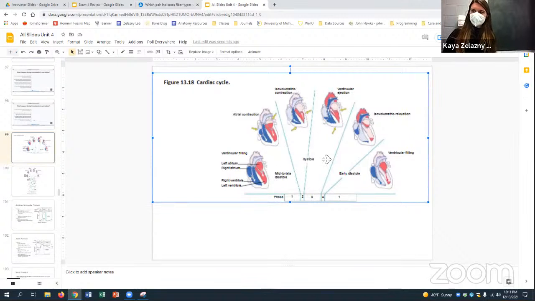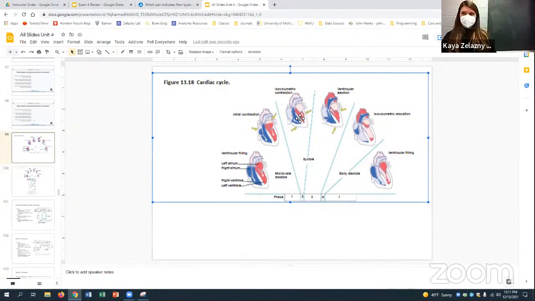So then our next phase, right, is our isovolumetric contraction. So we have blood moving nowhere, but we are starting to contract. So we're starting to create greater pressure here, but it's not yet greater than that in the aorta or in the pulmonary trunk. So all our valves are closed, our AV valves, our semilunar valves.